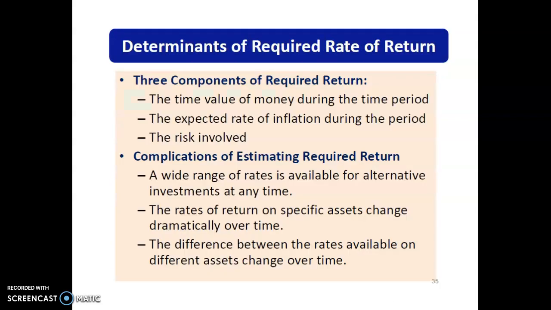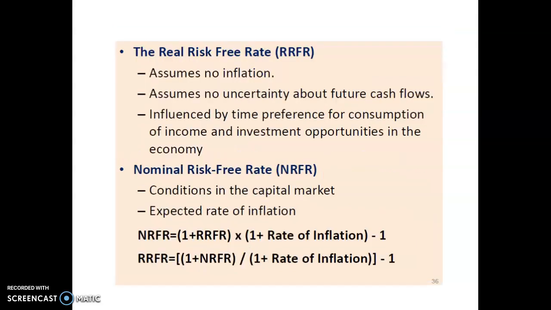So, this part is theory. Determinants of required rate of return: we have the component of time value, the expected inflation. So this required rate of return is because of the expected return that might happen, the value of money during that time, and then we have this risk-free rate.